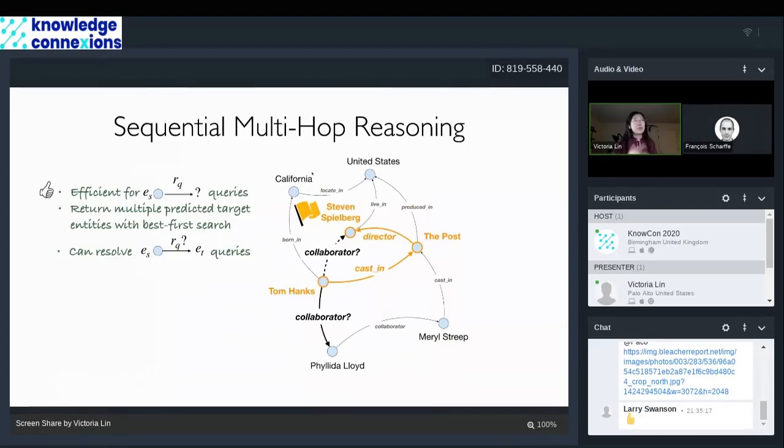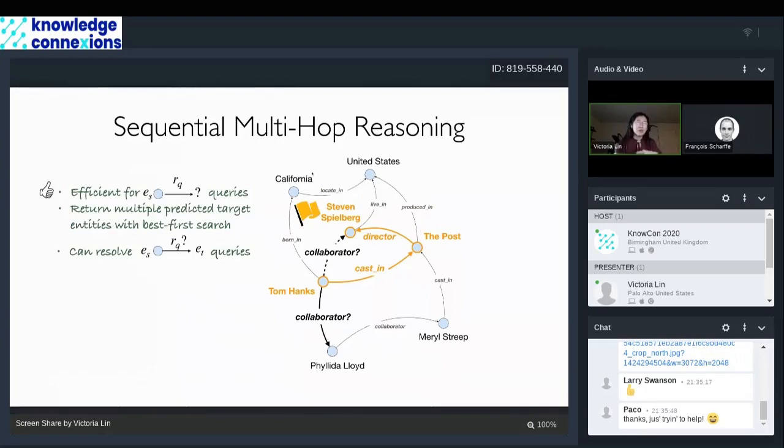It is able to return multiple predicted answers because once we learn the reinforcement learning policy, we can use best-first search to search for multiple paths and return the scoring for each path, and therefore effectively return multiple possible answers for the query.